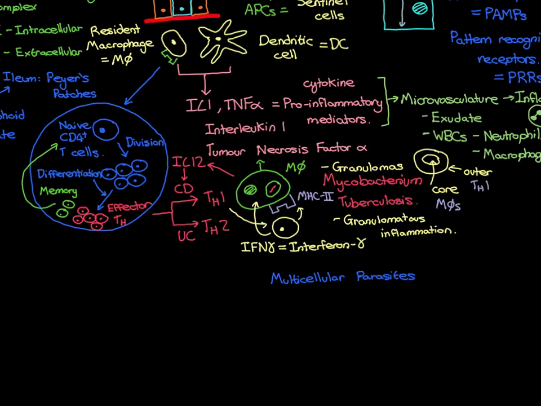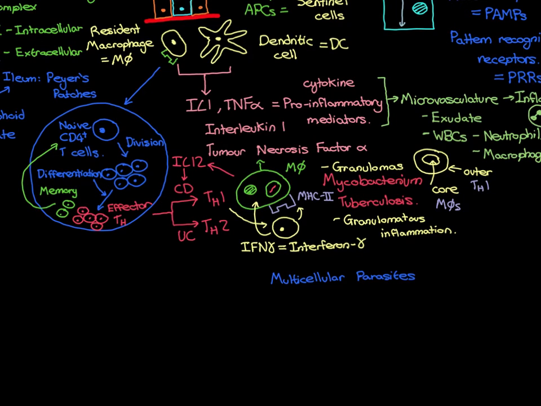Of course, these macrophages and dendritic cells and neutrophils, and of course we're initially talking about it in the context of a pathogen, and then we'll talk about it in the context of ulcerative colitis. So we're imagining we actually do have a pathogen, a multicellular parasite, and we're seeing how the T helper 2 cell response works.